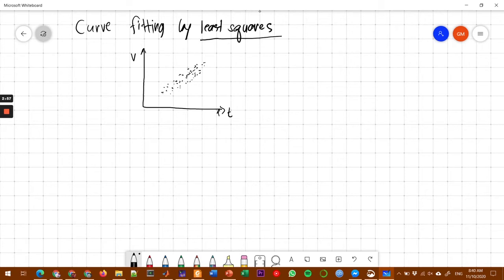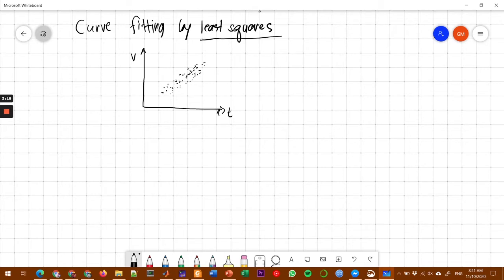So the best thing to do is to do a linear fit, because the data follows a line. It could be that your data is not linear, could be periodic, it could be exponential or sigmoidal maybe for that matter. But the idea is you want to make a fit. So what is the best fit?